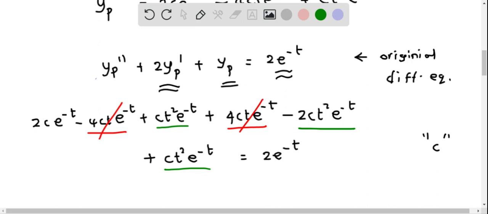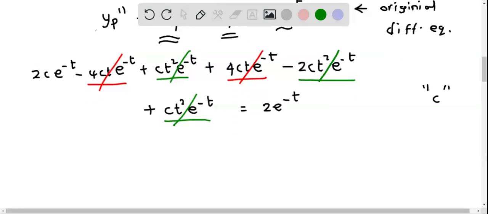So when we add these three terms, they become 0. That is 2ct square e power negative t minus 2ct square e power negative t. So they become 0.